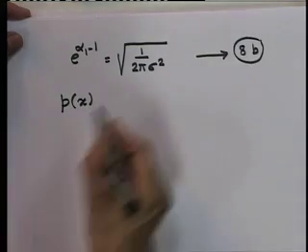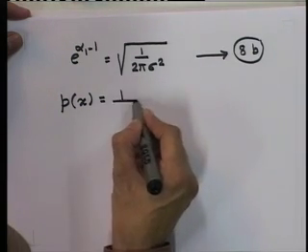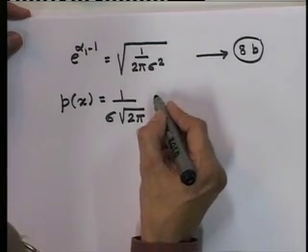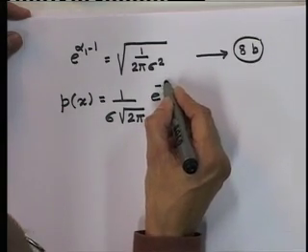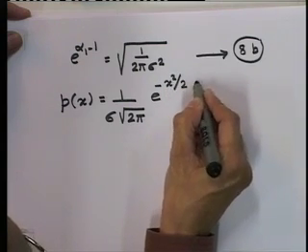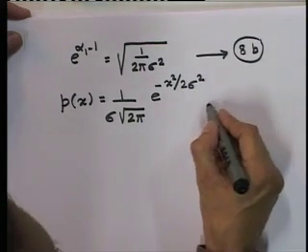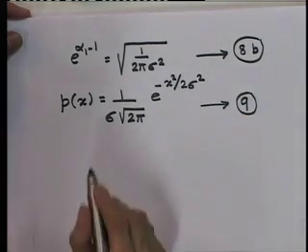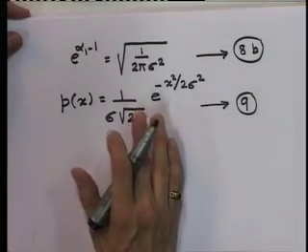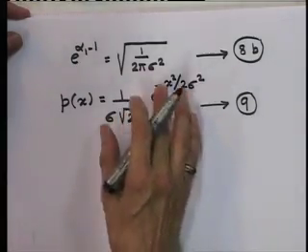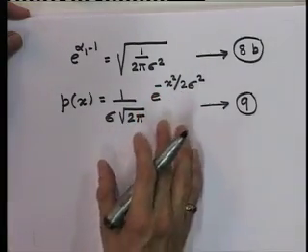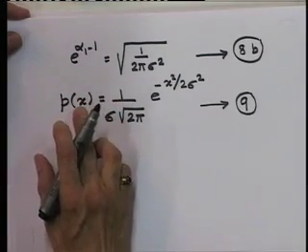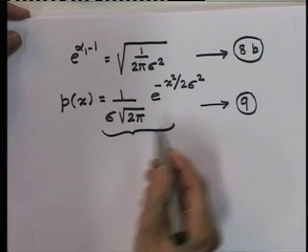The PDF of the continuous random variable is equal to 1 by sigma root 2 pi, exponential of minus x squared by 2 sigma squared. This is the final result which we wanted. We therefore conclude that for a given mean square value, the maximum entropy or maximum uncertainty is obtained when the distribution of x is Gaussian.